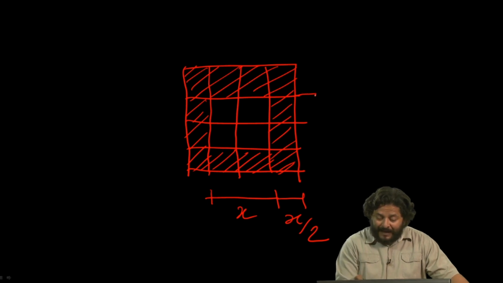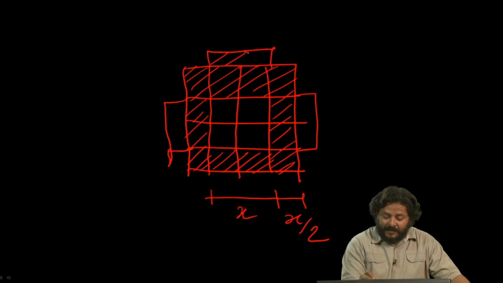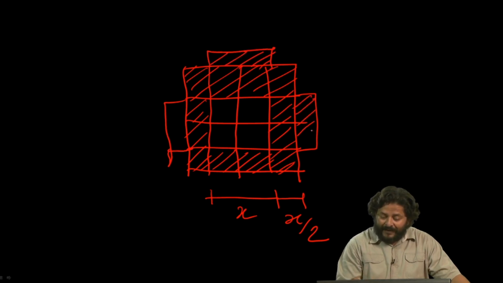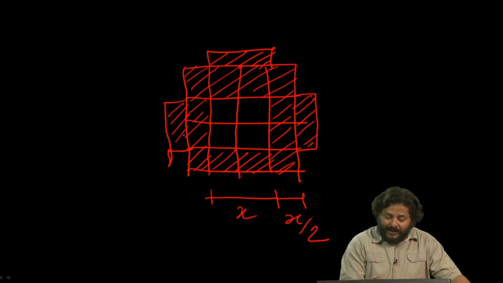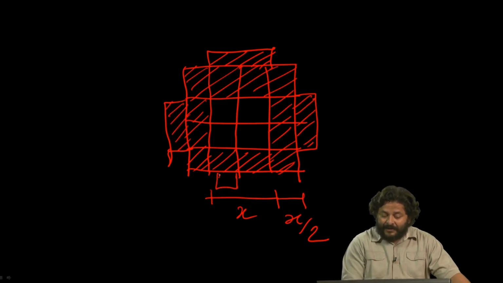Now, as the temple plans become complicated, you have projections on all sides like this, and these projections will bear on them statues, reliefs, idols of various kinds of deities who are inside the sanctum.